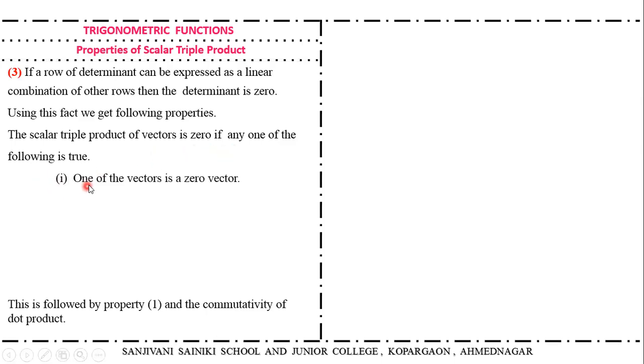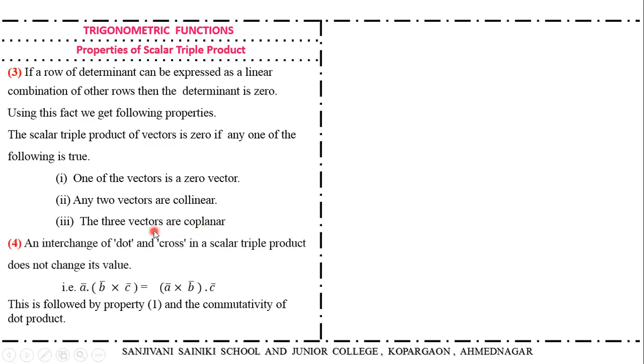One of the vectors is a zero vector, any two vectors are collinear, or the three vectors are coplanar. This is very important from the point of view of the exam, to solve examples based on collinearity and coplanarity of vectors. If the scalar triple product is 0, the vectors are coplanar. And interchange of dot and cross in the scalar triple product does not change its value.